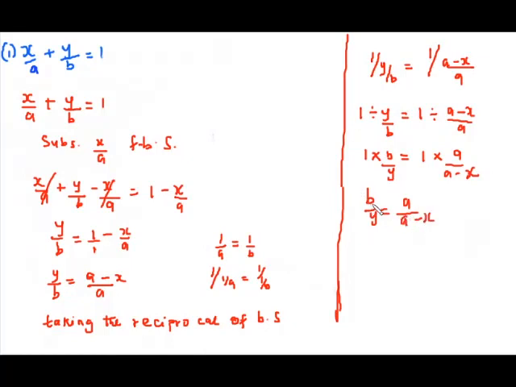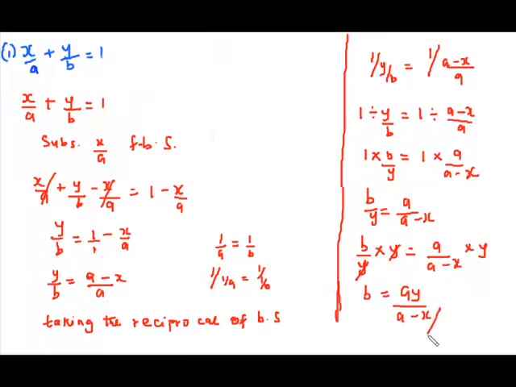Now we have y dividing the b, and remember we need b as our subject of formula, so we have to multiply through by y on both sides. So if I'm saying times y here, I'm going to be still saying a over a minus x times y, so that y cancels out y, and then b equals a times y, which is ay over a minus x.